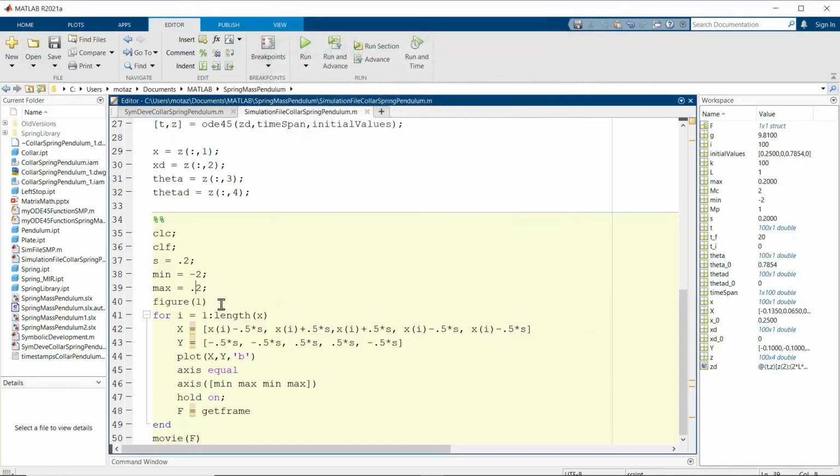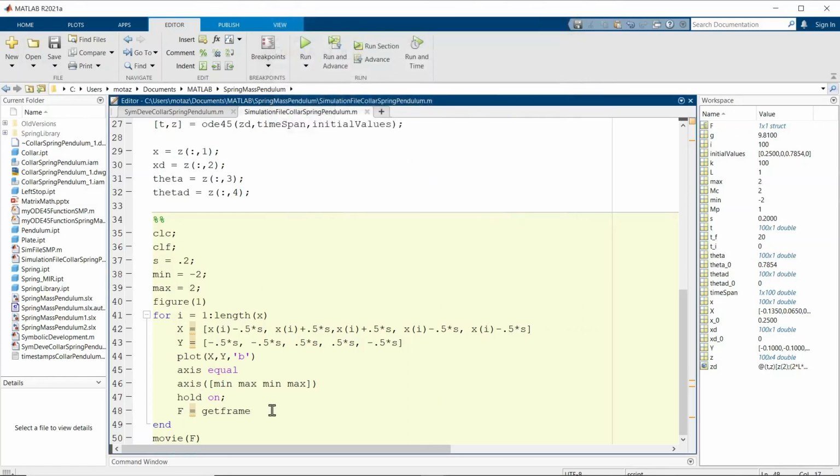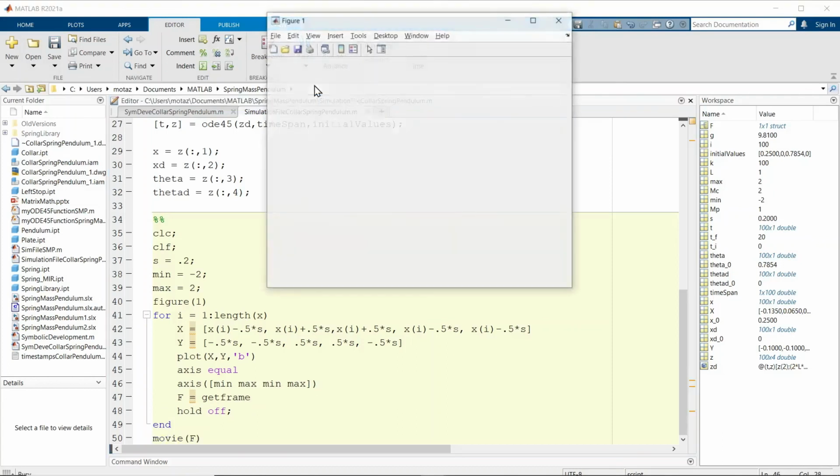Oh, this should be positive 2 like that. Okay, now let's run it. Okay, I need a hold off statement. I think I need it here. Hold off. I don't even think I need this. Hold on. Now let's see it.